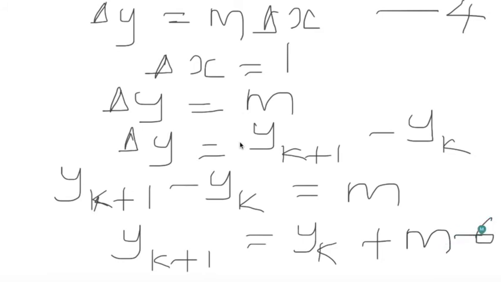Similarly, you can find equation 7. Equation 7 is derived from equation 5, that is, delta x is equal to delta y by m.